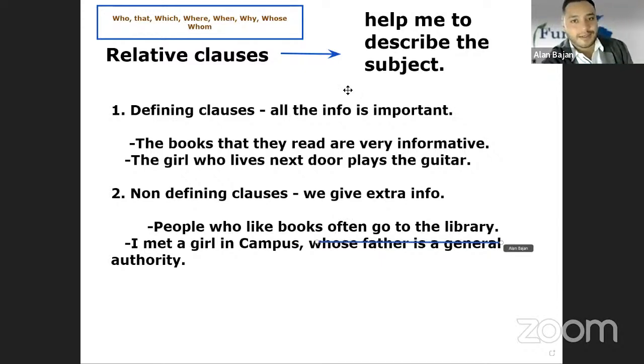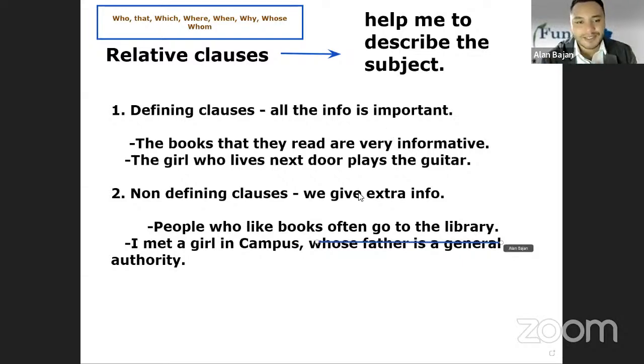And then I add extra information. Whose father is a general authority. Cuyo padre es una autoridad general. Are we clear on that? Easy peasy lemon squeezy.